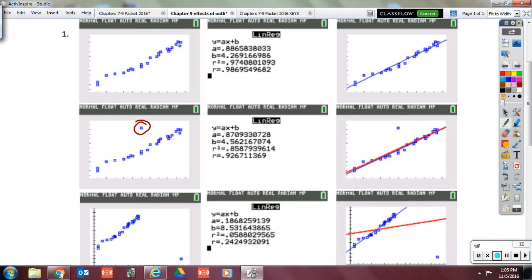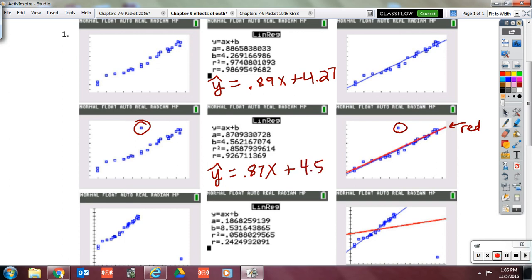And you can see I added in the red line, and the red line is what takes into account this point up here. So the equation went from y equals 0.89x plus 4.27 to the equation of the line being 0.87x, so not too different, plus 4.56. Okay, this is not very much of a change.